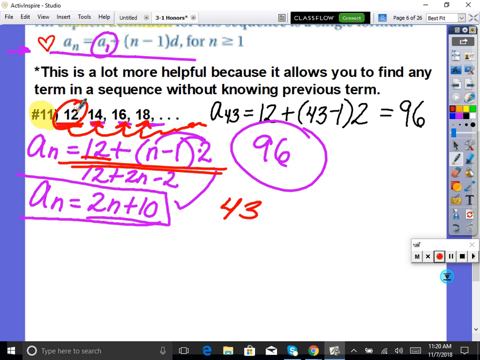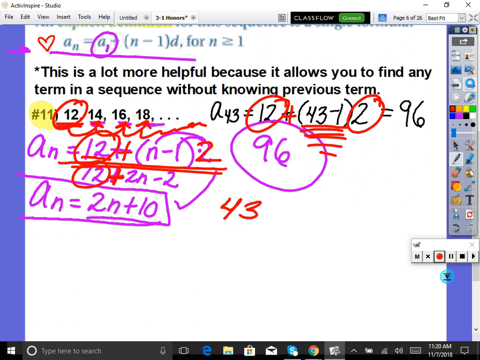Because we started with 12, isn't there 43 total terms? So look, that formula is literally saying that. Start with 12, we are adding 2, and then 42 times. Because if you plug in 43, do you see how you get 42? Do you see how the formula does make sense?